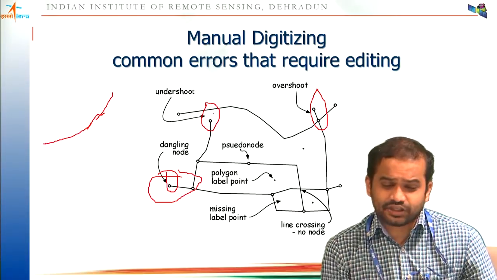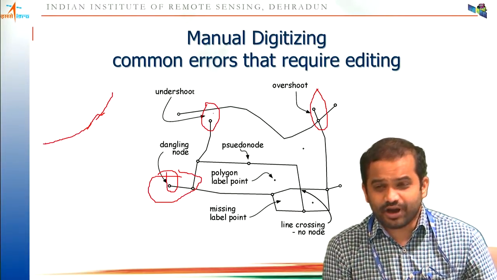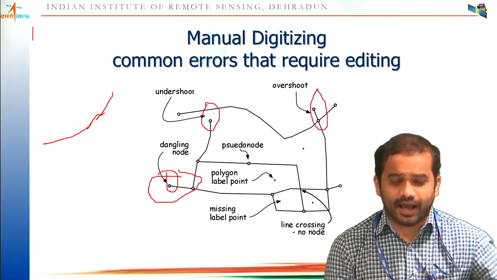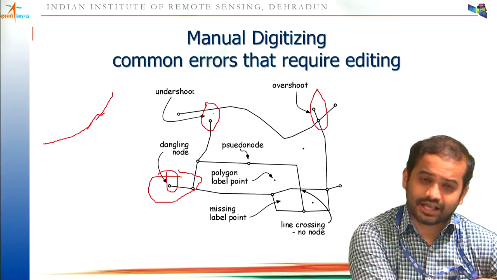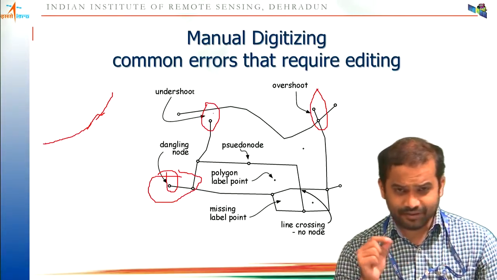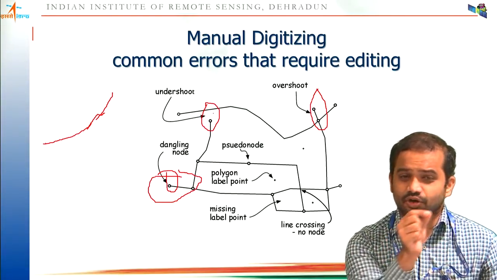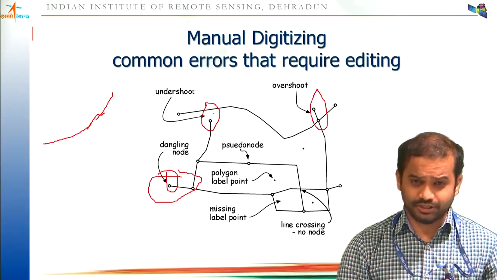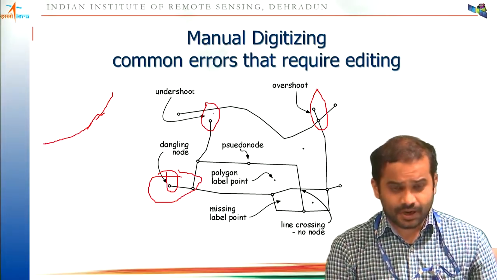There can be an actual situation where from one node of the polygon another line is coming up, and there can be a situation where the feature is not there, but due to manual digitization error, this new edge or new node has been created. Both need to be taken care of.